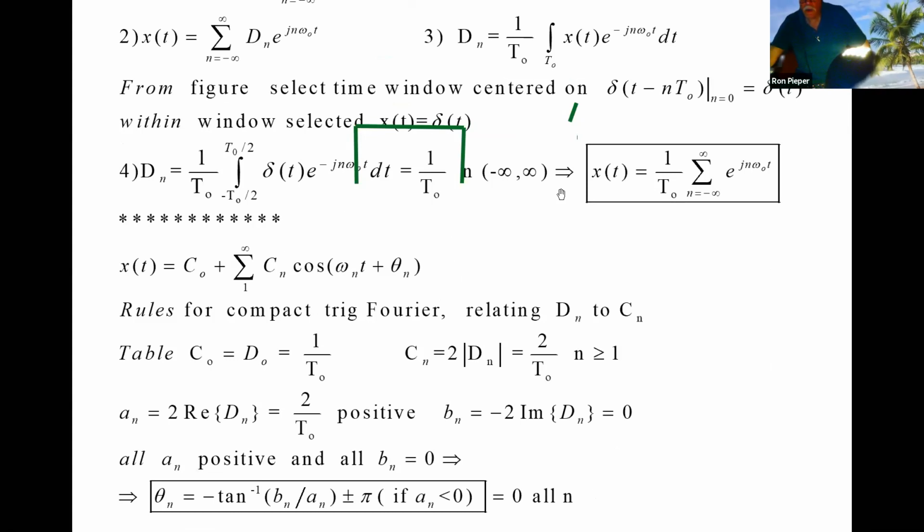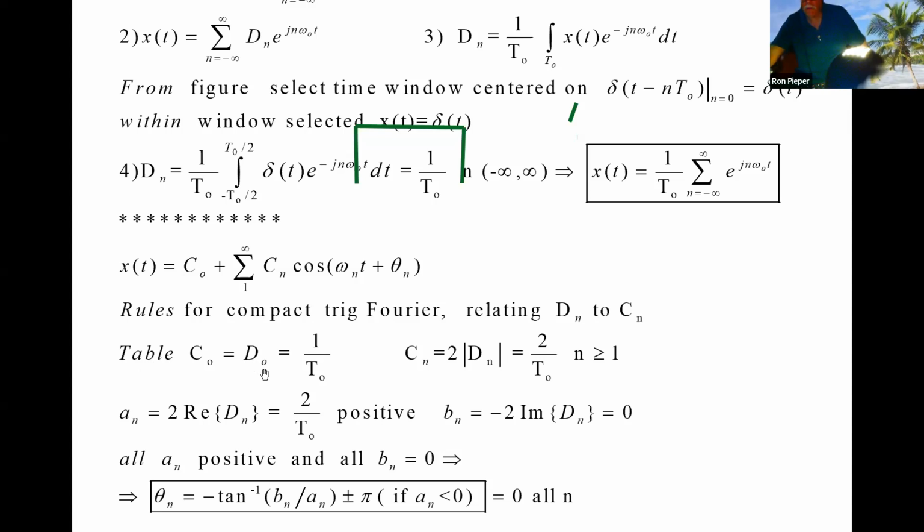Okay, so we can construct the compact trig series for this. At some point we're just going to become more comfortable relying on the table for guidance. So let's see if we can find these rules. C naught is D naught, which is equal to A0 because that's always the constant of the series.